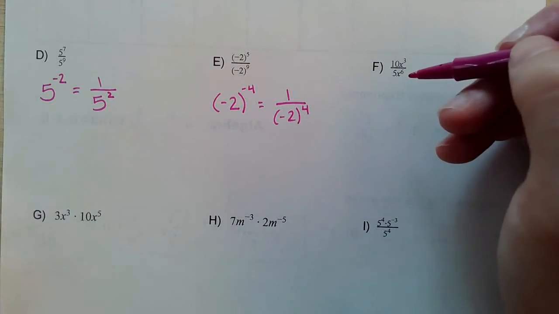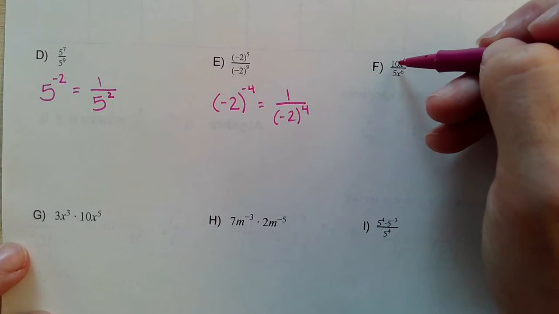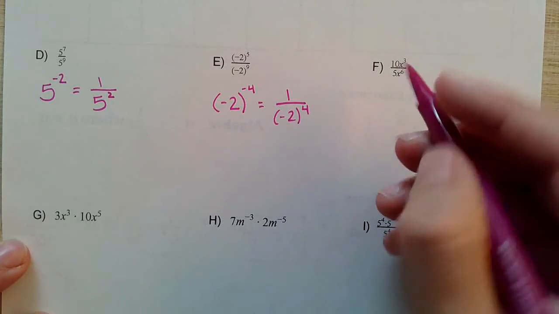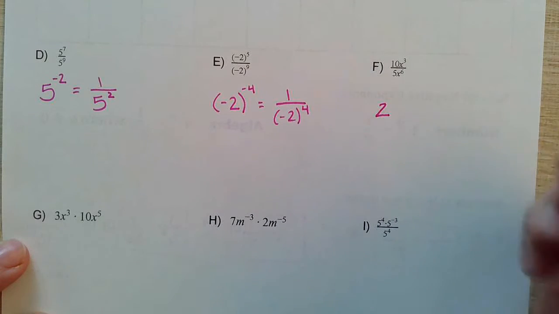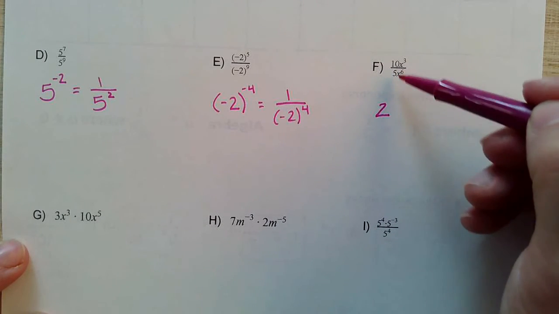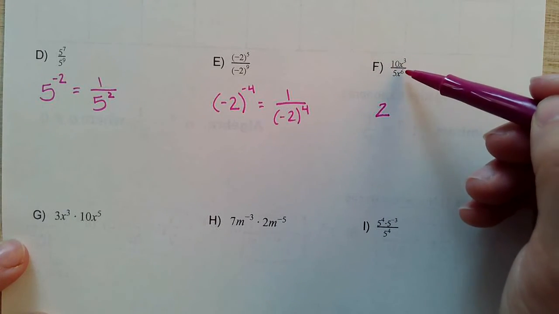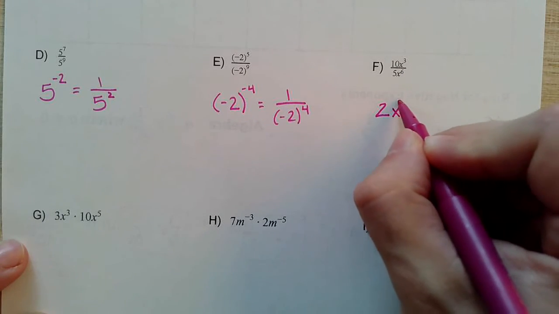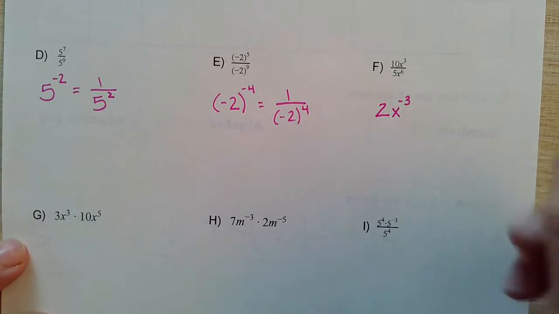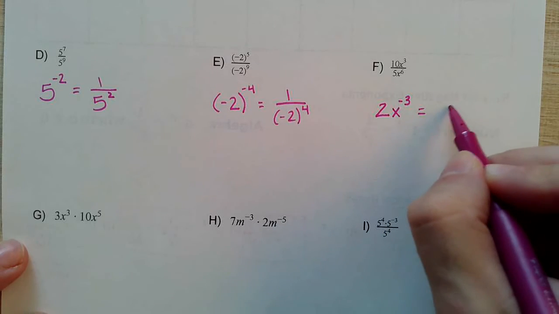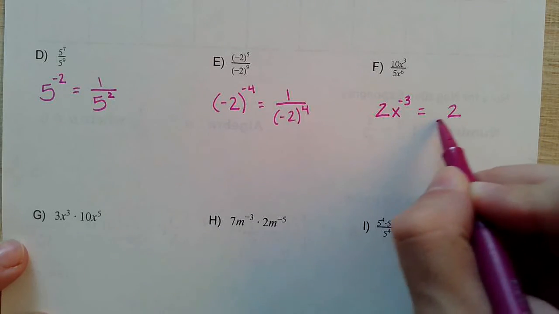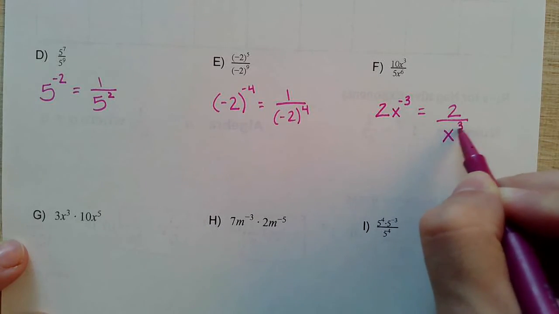F, we are dividing, so we're going to divide 10 and 5. 10 divided by 5 is 2. Then I look at my x powers. 3 minus 6 gives me x to the negative 3, which we would keep 2 on top and drop the x to the third on the bottom.